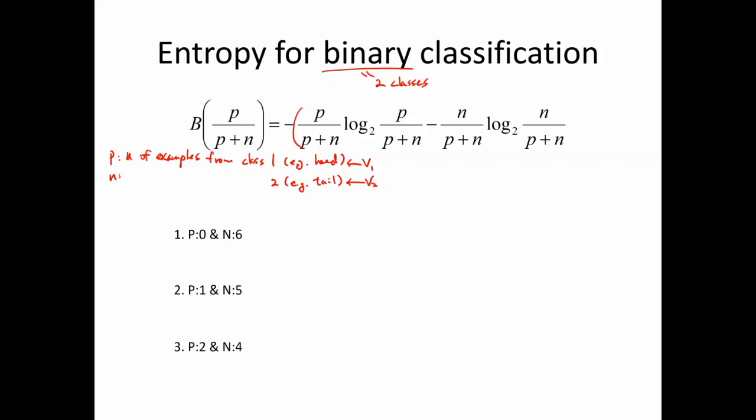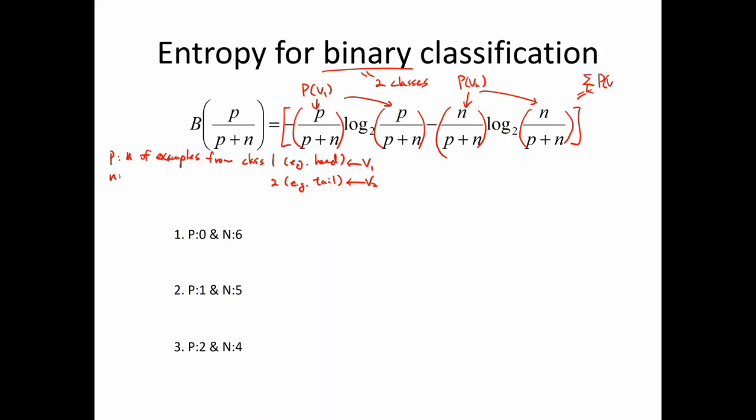Then P over P plus N is just the probability of V1. And N over P plus N is the probability of V2. So then the whole thing is the same as the entropy equation you saw before.